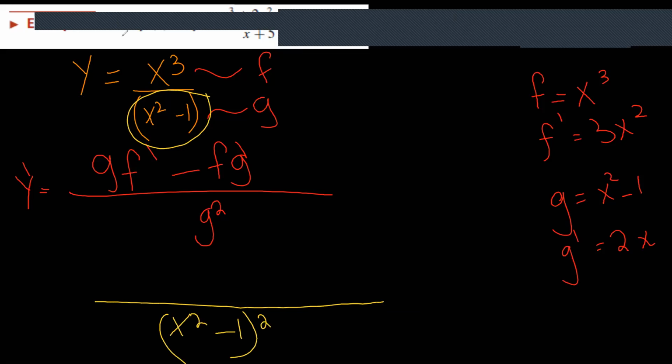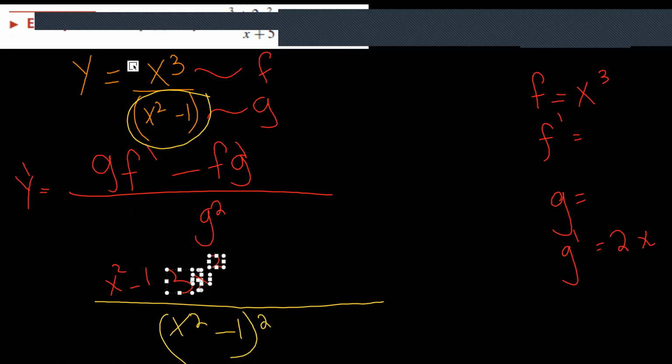Now the second step. g times f prime. Where is g? It is x squared minus 1. I want you to bring it and put it here. This is g times f prime. Where is f prime? It is 3x squared.